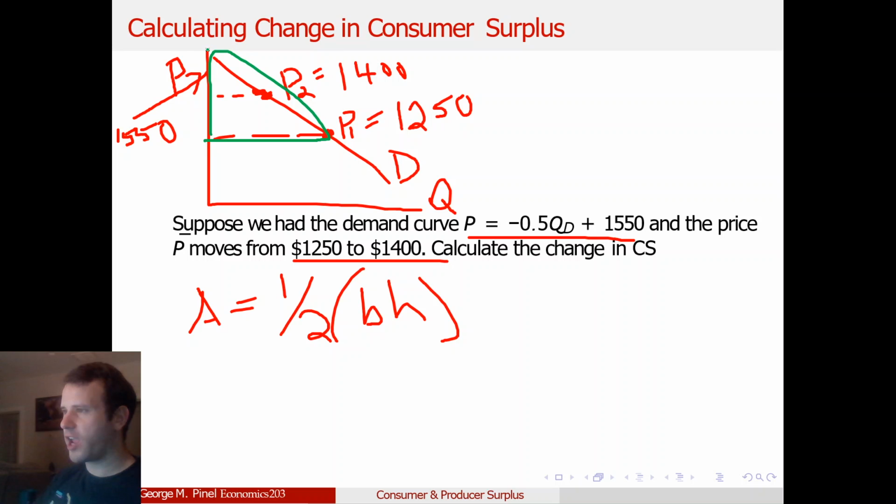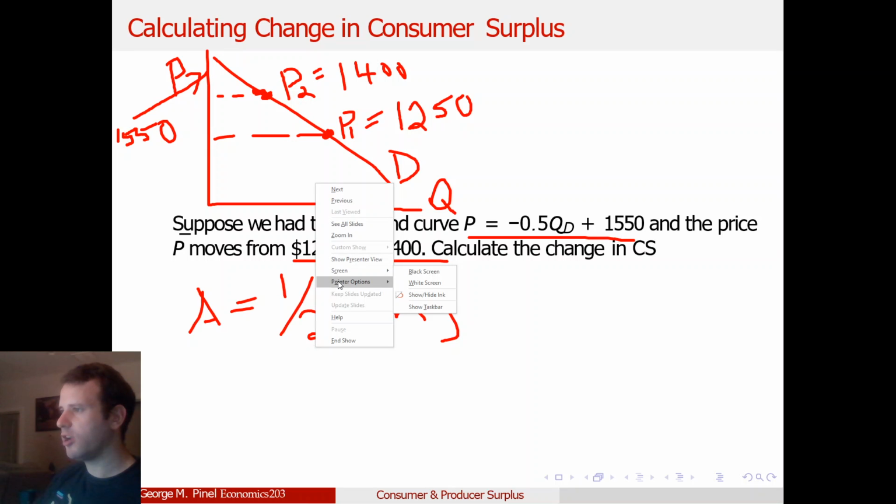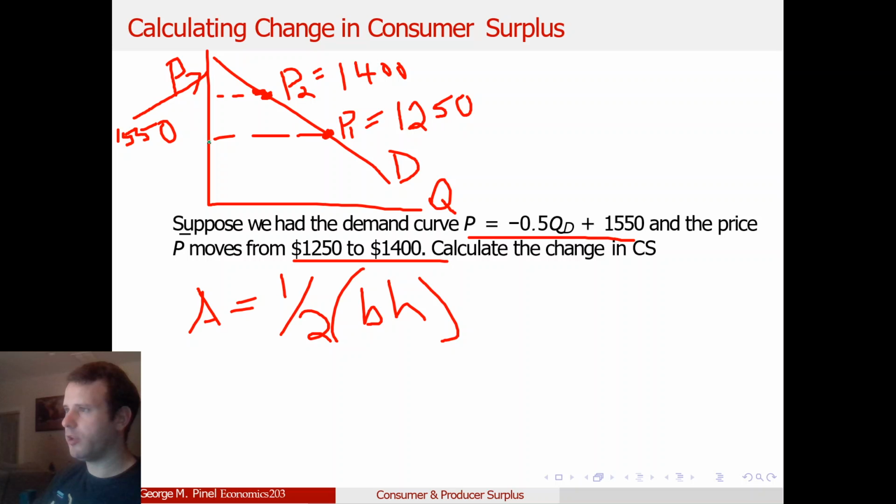I want the area of consumer surplus 1 to be from P1 to 1550. All right, that's much tighter, much better. That's consumer surplus 1, and that's equal to 1/2. What's my base? I need to find the equilibrium quantity when P is equal to 1250.